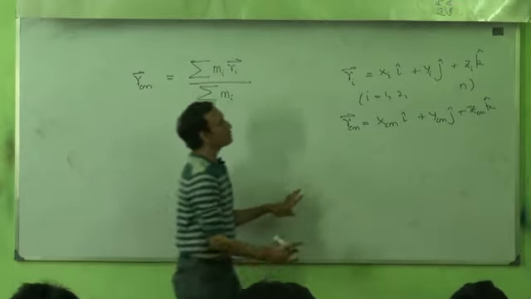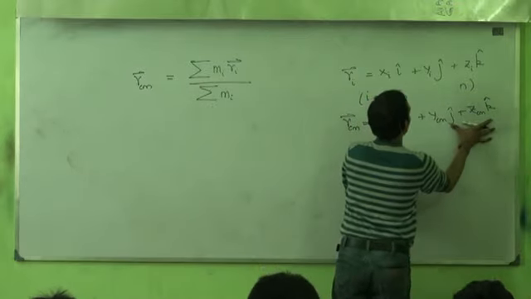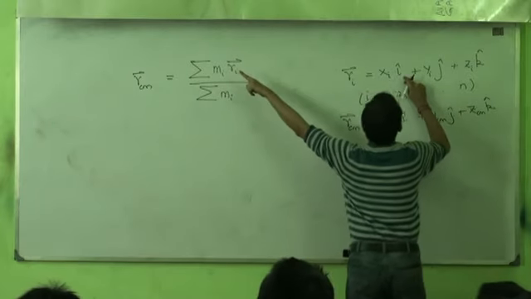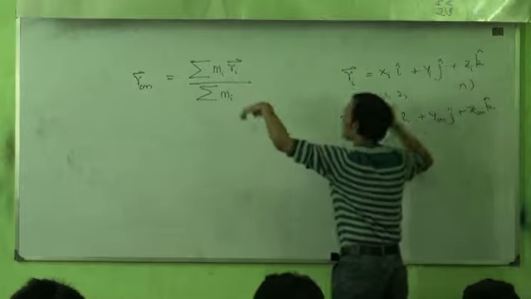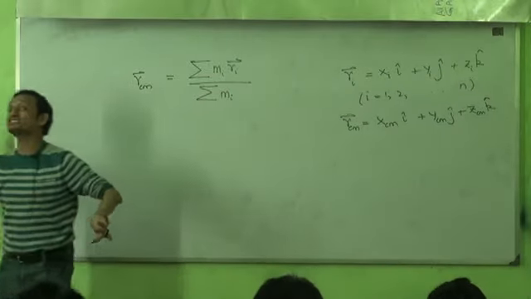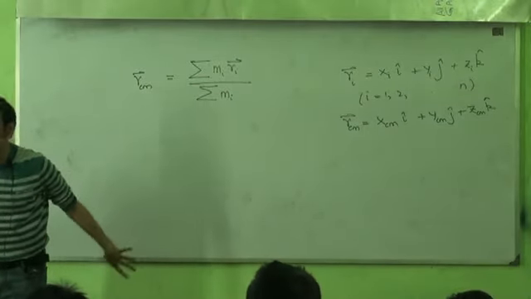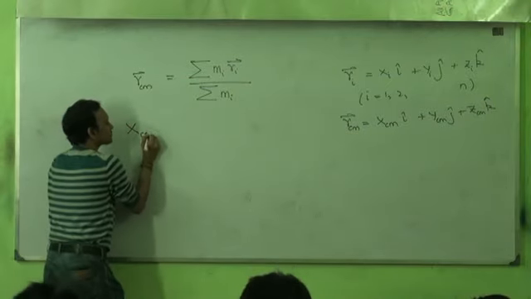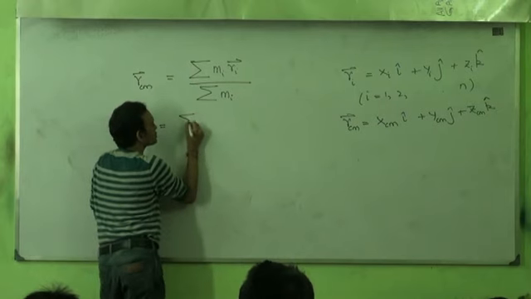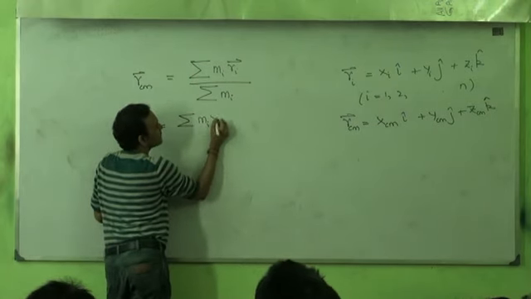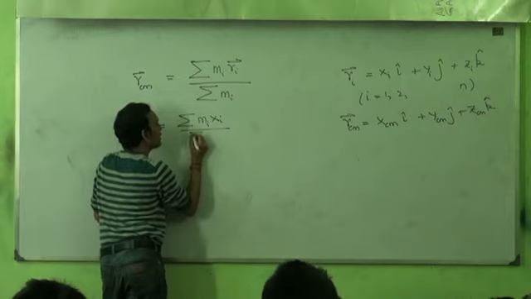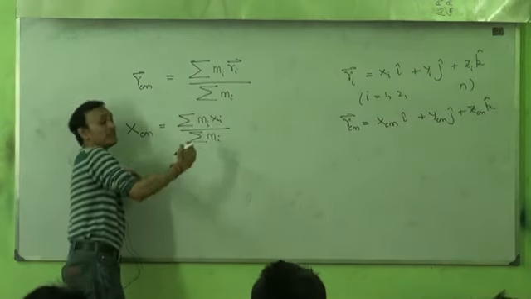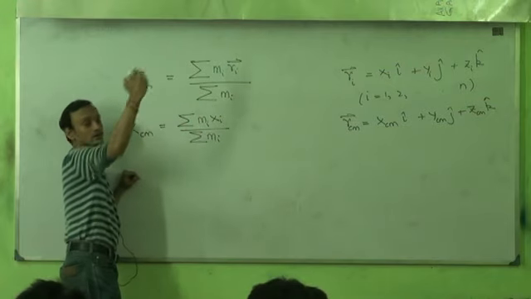Now, if you plug in XCM i cap, YCM j cap, ZCM k cap on the left hand side, and all the ri's you replace by xi i, yi j, zi k, i runs from 1 to n, and equate the i, j and k components on both sides of this vector equation, you're going to get XCM as summation mi xi by summation mi, the x coordinate of the center of mass, m1 x1 plus m2 x2 plus m3 x3, etc.